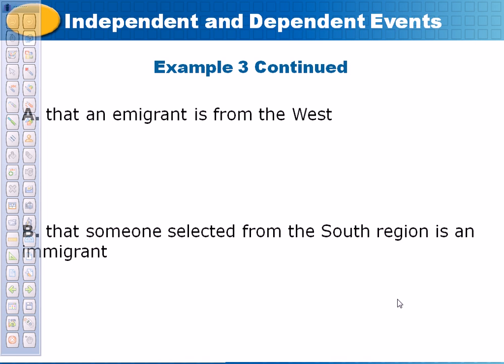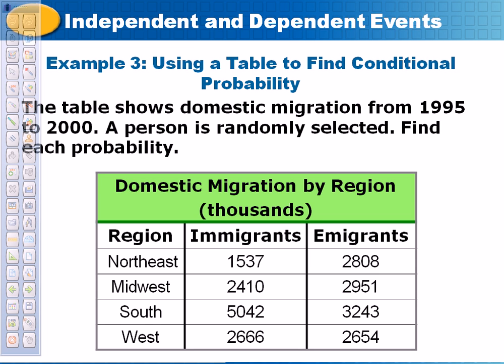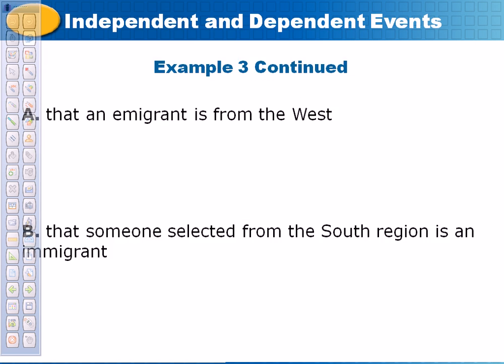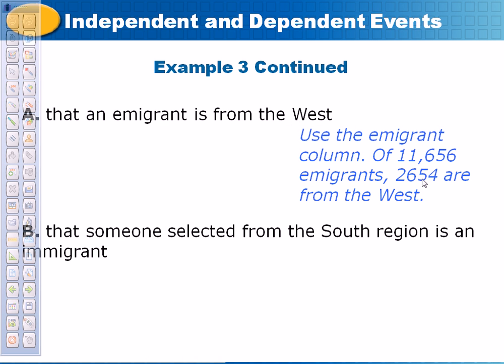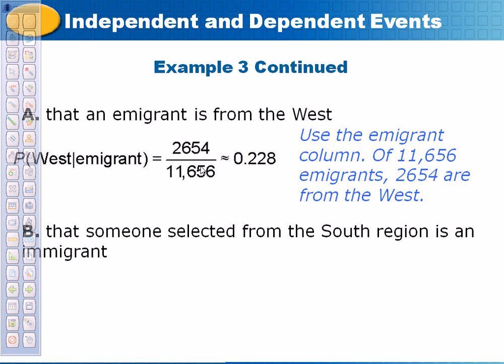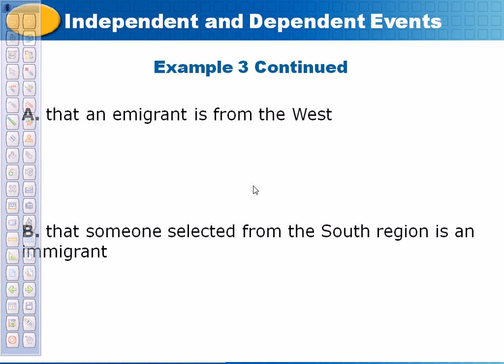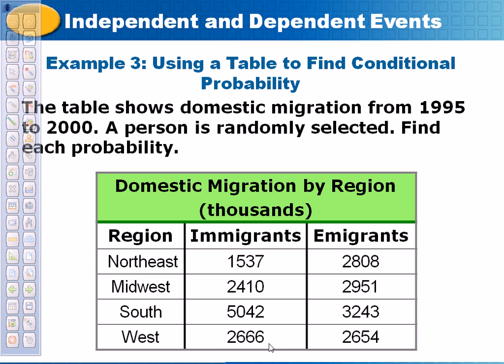Okay, so how many immigrants are from the West? 2,666. 2,666 out of, wait, what's the difference? 2,654 out of the 11,600. Okay? So this out of, where did we get the 11,000? We totaled all the immigrants.